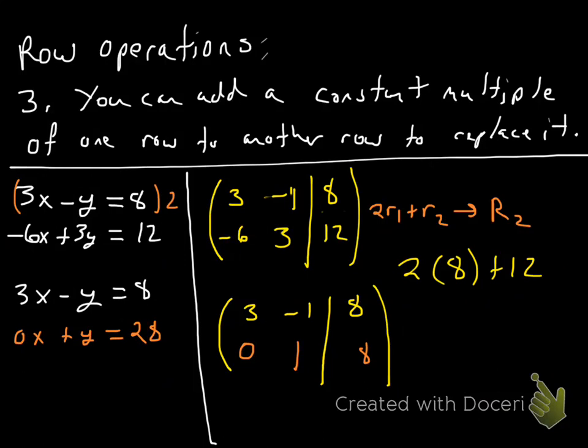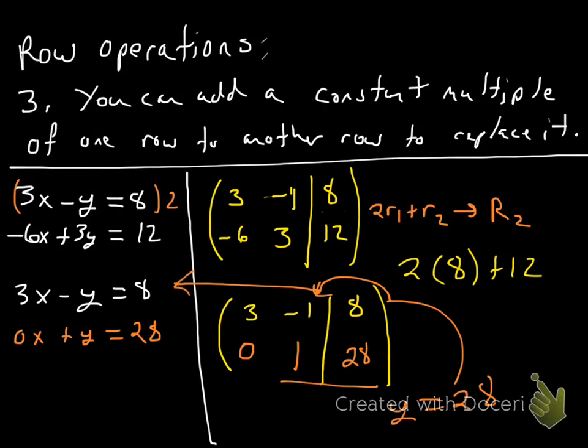And that will give us, if we can add correctly, 28. From here, I can read that my answer is y is 28, and then I could go back and plug into this equation, actually that one. So that's what's going to end up being called back substitution later on.